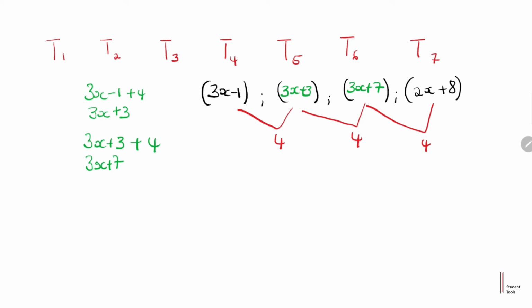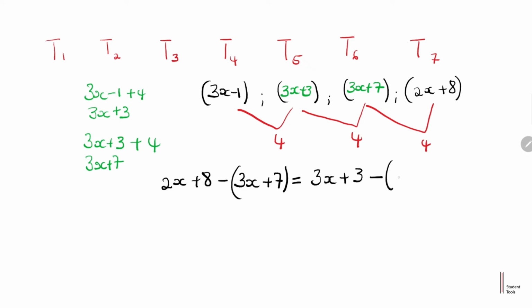Now how do we get the value of x? To get the value of x, we would use this. We will say 2x plus 8, this one, minus 3x plus 7 is equal to, the 3x plus 7 is this one, so that will be equal to 3x plus 3 minus, I forgot to put the brackets here.